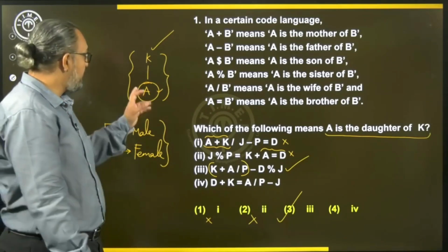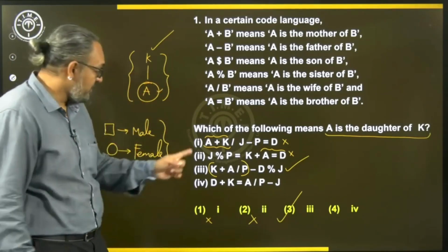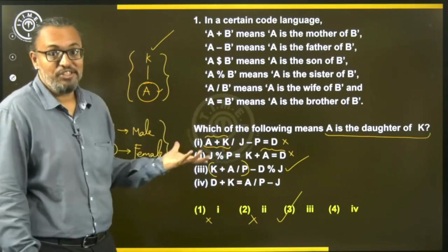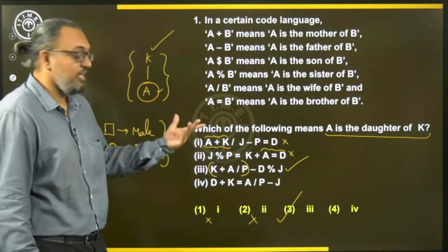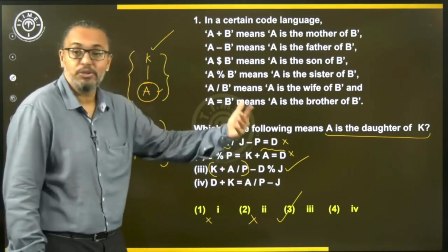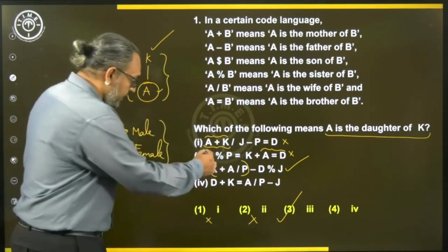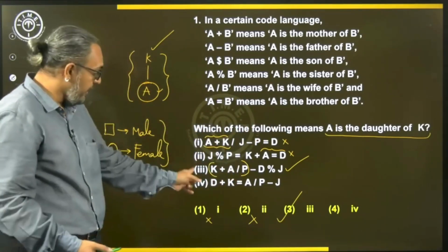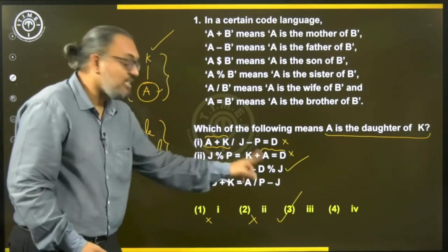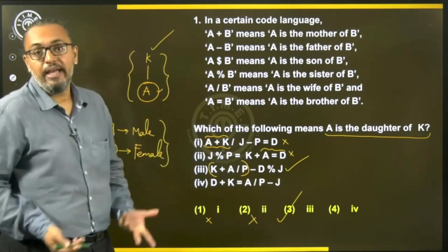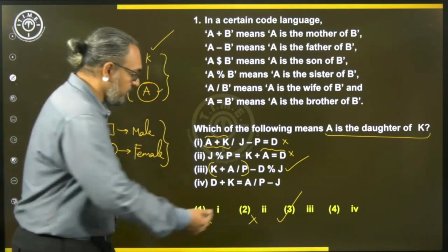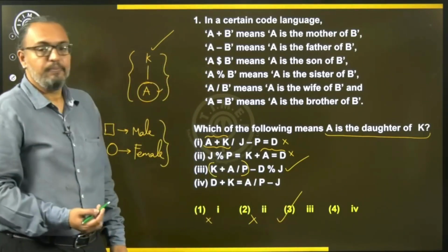First the gender matching should happen. Once the gender matches, is the relation matching? No, so the first option is ruled out. Second option, gender mismatch, ruled out. In the third option, definitely I am getting K is the mother of A and A is the wife of P, so A is a daughter of K. So the third is what we choose.